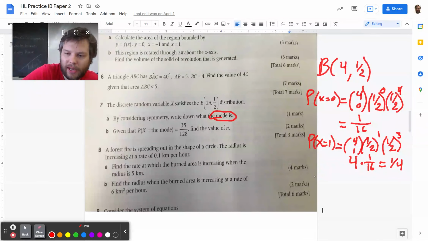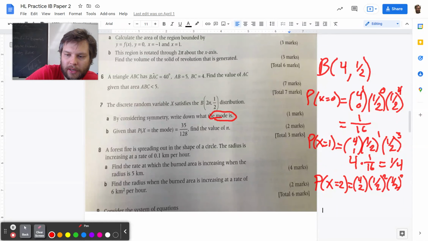Then if we look at P of x equals 2, very similar. 4 choose 2, 1/2 to the second power, 1/2 to the second power. The only thing that's really different here is 4 choose 2 is a little bit bigger.